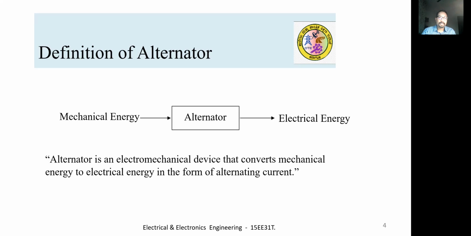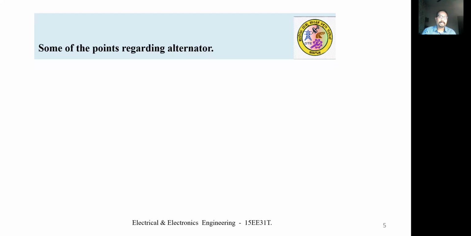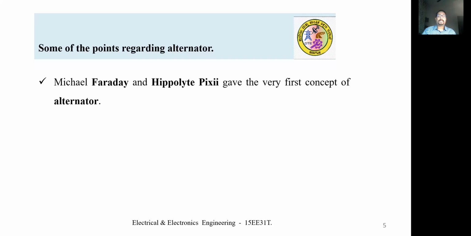After seeing the definition of an alternator, let us see some important points regarding the alternator. The very first point is, who suggested the alternator? The concept of the alternator was suggested by Michael Faraday and Hippolyte Pixii.